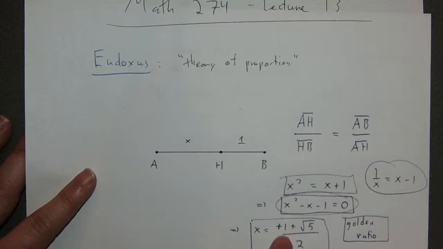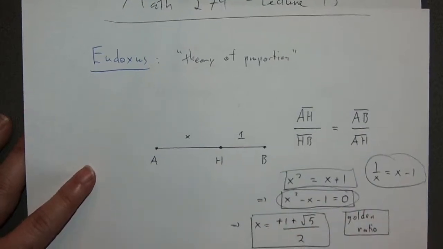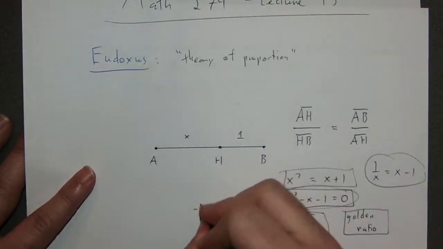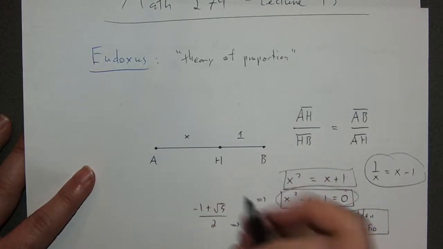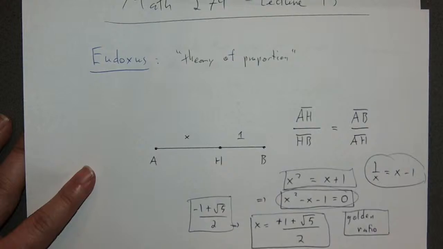So this is like 1.618033887 or something. With a minus 1 there, it's actually the exact same, except it is 0.618033887 or whatever. So anyway, both this and minus 1 plus root 5 over 2 are related in this way.